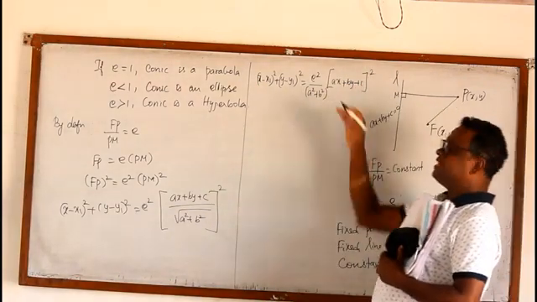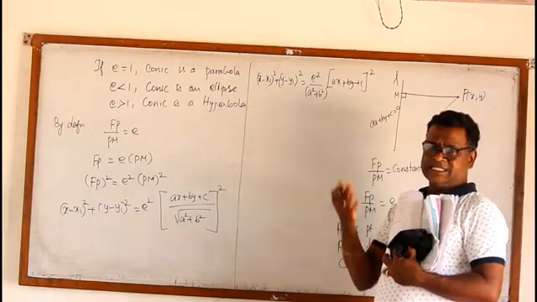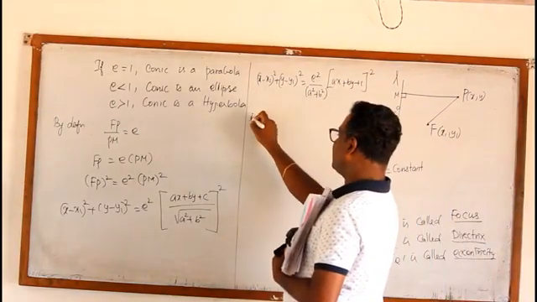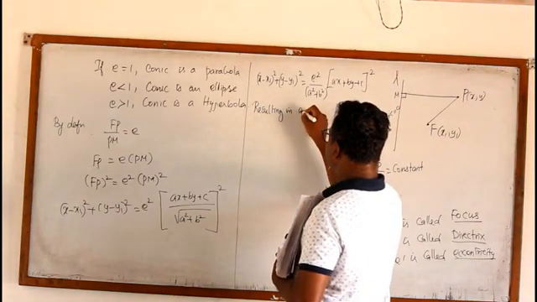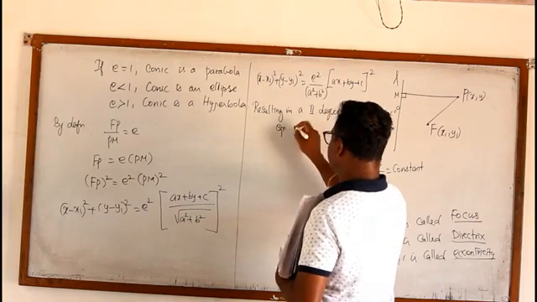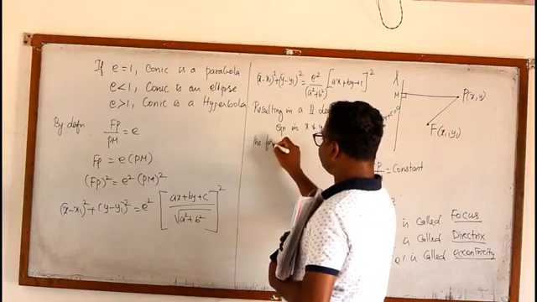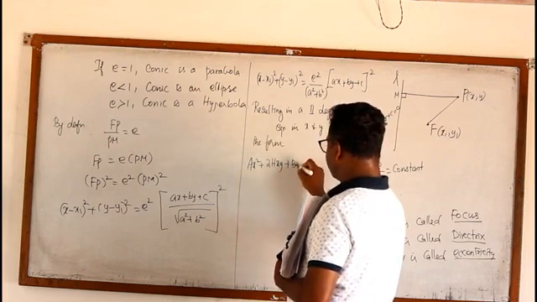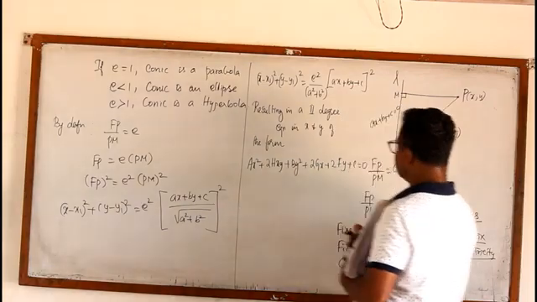When we expand, I will get a second degree equation in x and y: an x squared term, a y squared term, an xy term, an x term, a y term and the constant term. Altogether, this results in a second degree equation in x and y of the form ax squared plus 2hxy plus by squared plus 2gx plus 2fy plus c equal to 0.